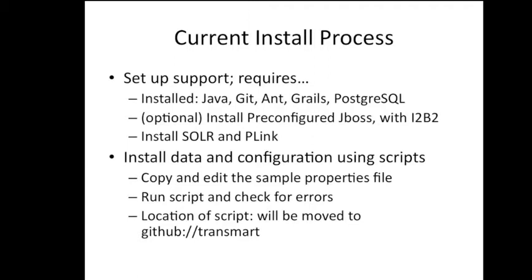It tells where the Tomcat version that you're running is, and where you want the data put when it builds the Postgres and so on. Once you've done that, you run the script and check the log for errors. That's a fairly straightforward process. Then you compile the tranSMART app and install it on your Tomcat, and it works.